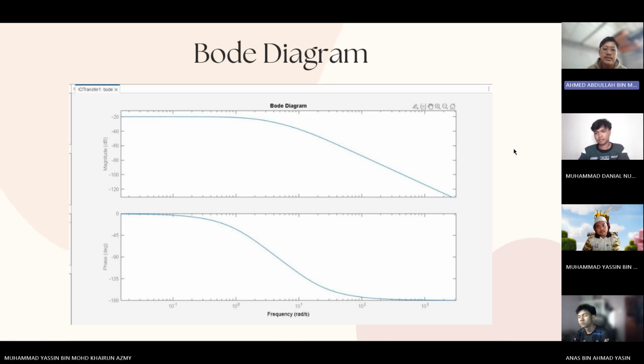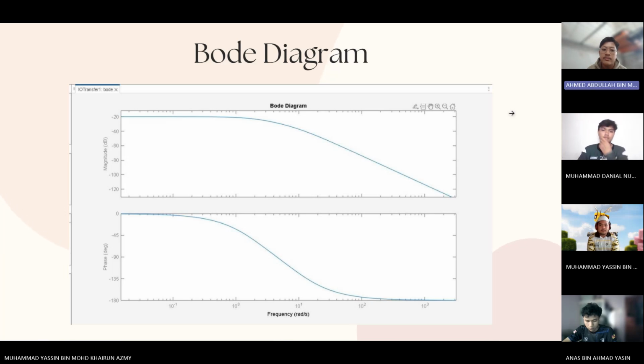This task highlighted the significance of analyzing control systems in the frequency domain and evaluating their stability margins and their performance under varying conditions. It also reinforced the importance of transfer function modeling in understanding the behavior of closed-loop systems.